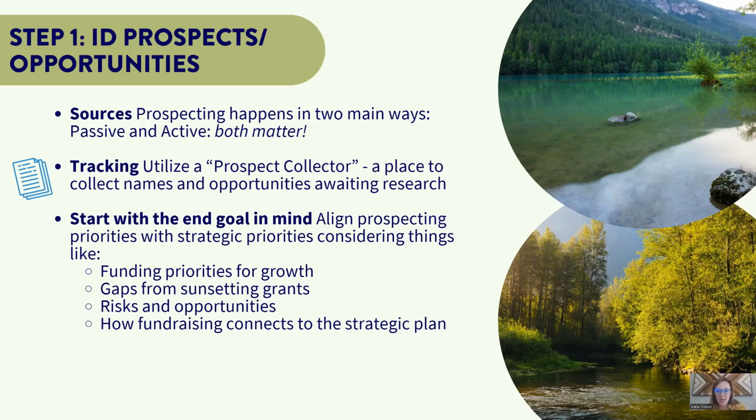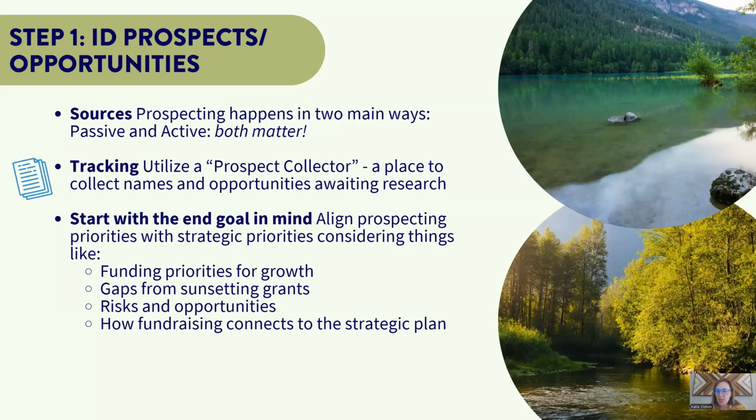And when you see that, I want you to go to the notes below, and you'll see this as we move forward in the series. You'll see a resource below. So you can find a link and click through to where you'll find a prospect collector tool, and you should see instructions at the top for how to use it. And you're welcome to pause the video now or dig in after the video to see that parking lot, that collector that helps you keep and maintain those names until you're ready to dig in.